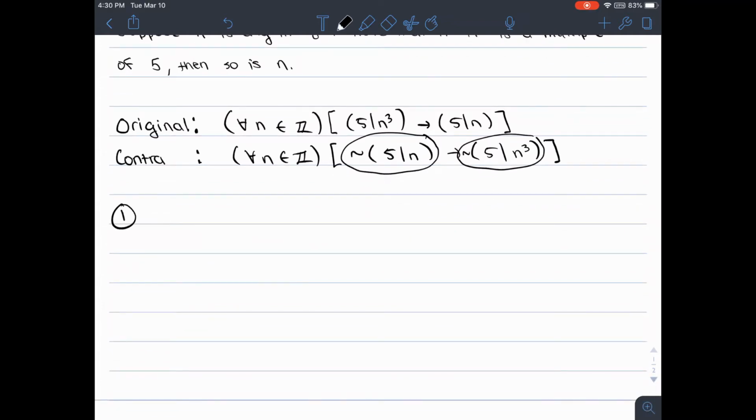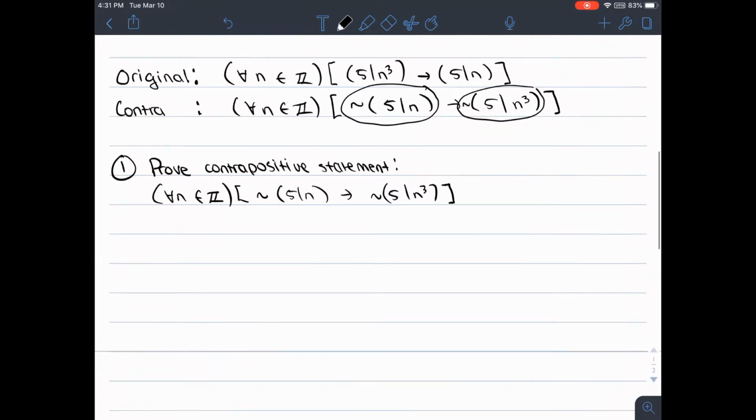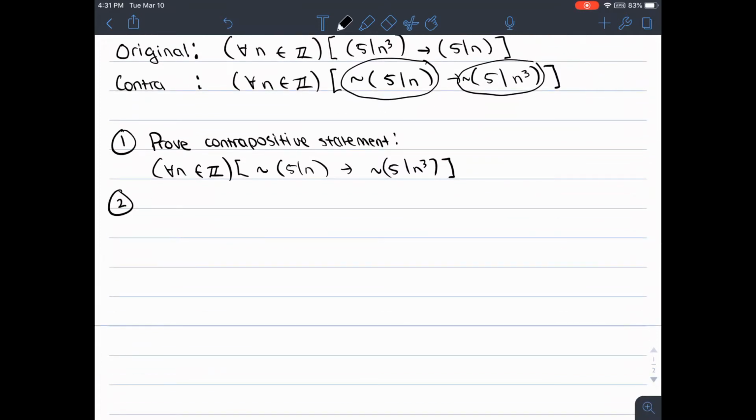Thus, for our first statement, we want to prove the contrapositive statement. For all n elements of integers, if 5 does not divide n, then 5 also does not divide n cubed. Having this been our given, we can make the following definitions.